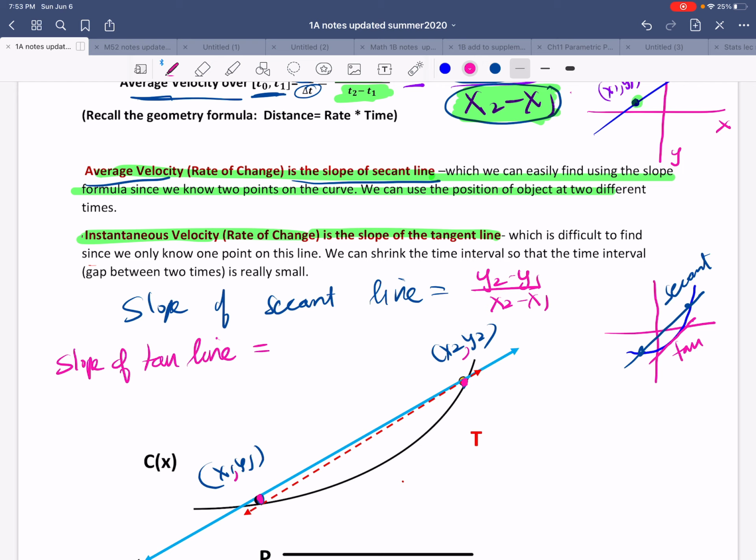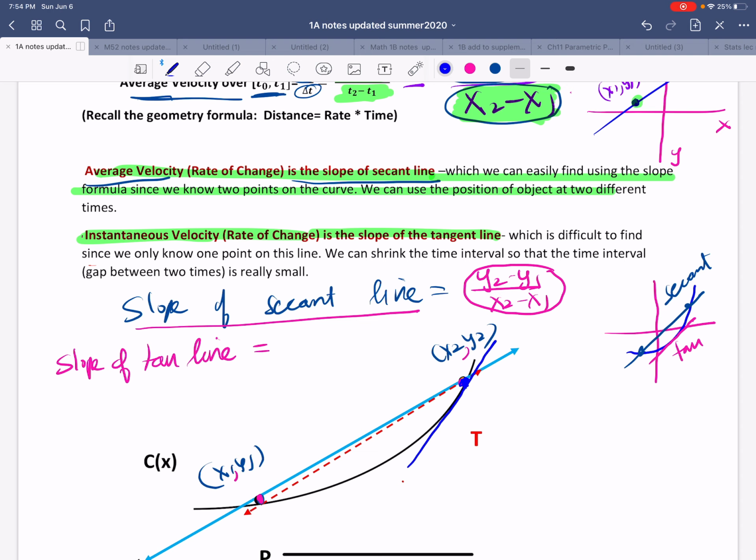So I have a line with two given points with coordinates x1, y1 and x2, y2. I can find the slope of the secant line by using the slope formula, which is y2 minus y1 divided by x2 minus x1. What if I want to find the slope of the tangent line at point T? How do I find it?